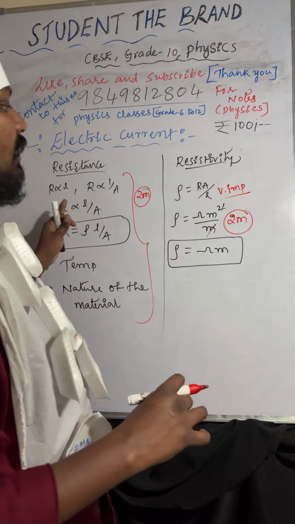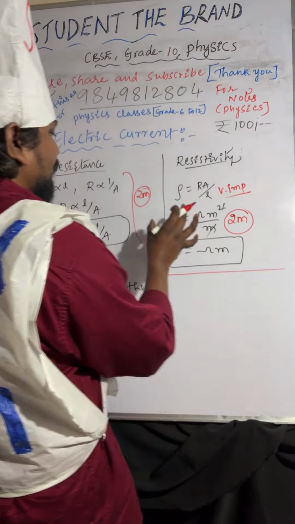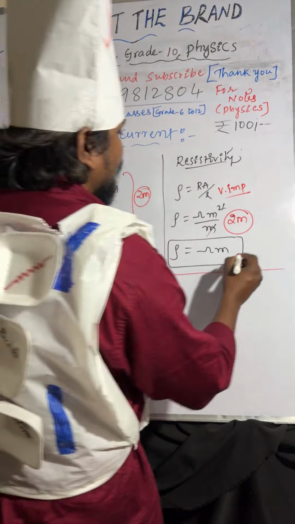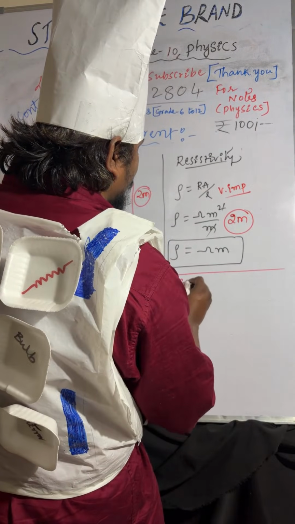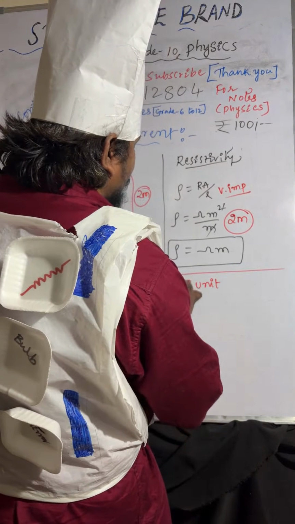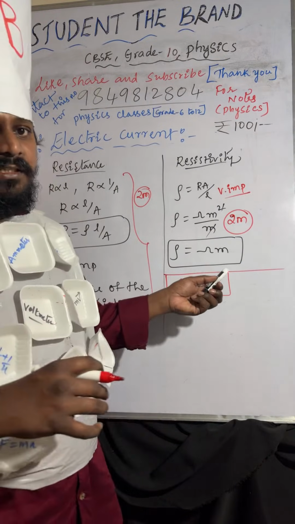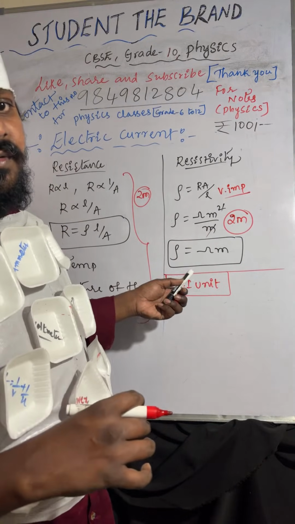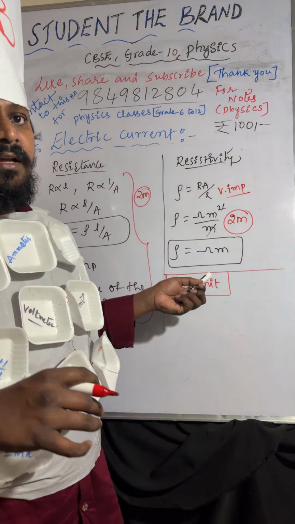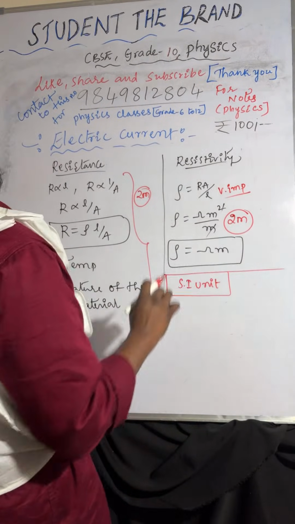Especially the SI unit of resistivity is very important, they will compulsorily ask it. So rho equal to ohm meter.